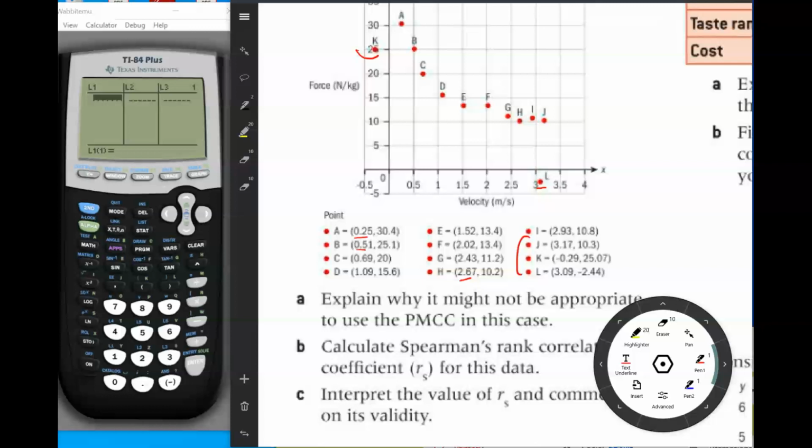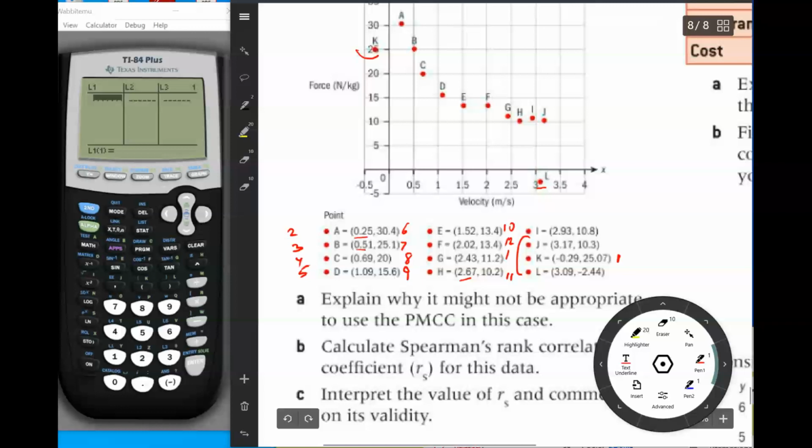Okay, so let's do this. We're going to put negative 0.29 as the smallest, and then we're going to start numbering in order. So D is 5, for example, and then we'll put 6, 7, 8, 9, and then 2.93 would be 10, and then 3.09 is the next one, so we make this one 11, this one 12, and this one we already numbered as number 1.